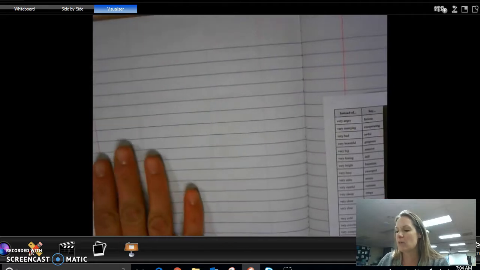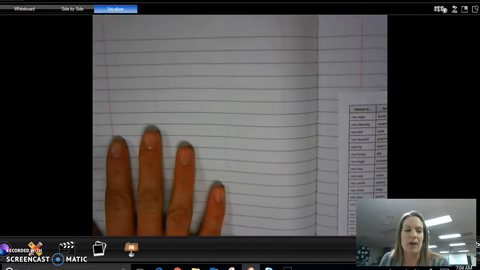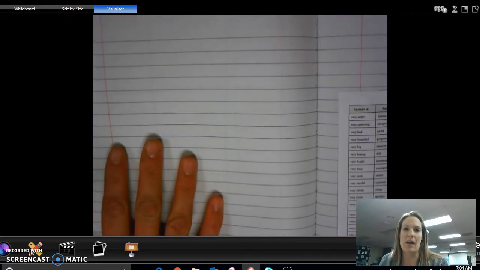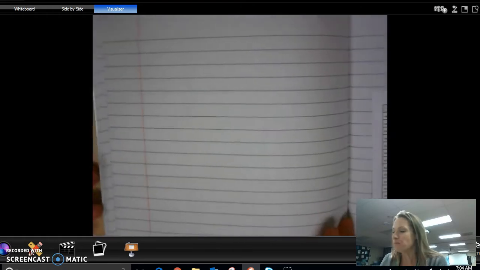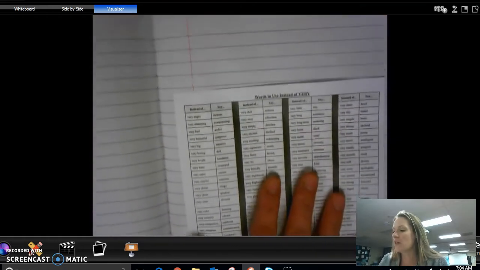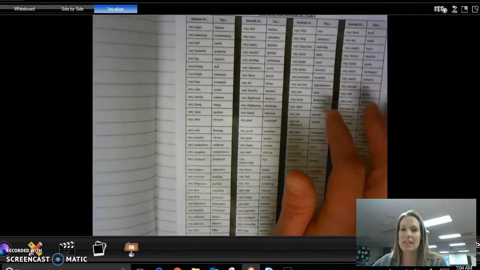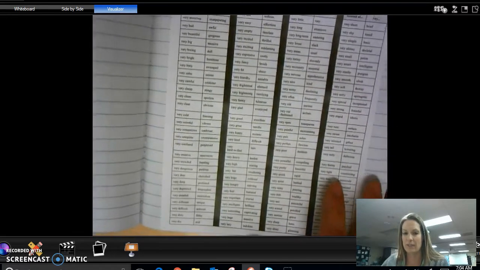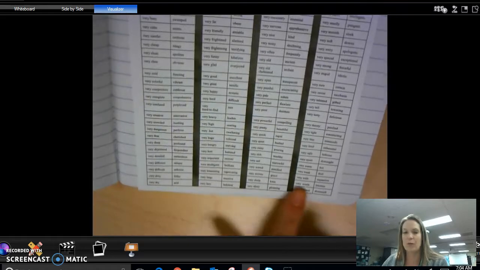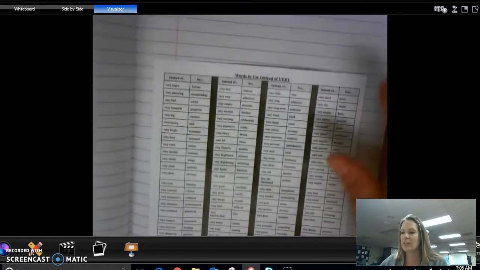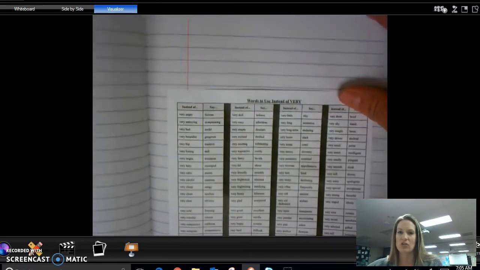One thing we're going to do is write the examples of the 5 weak things that writers will say. It's not the only 5, but it's 5 for now. And then the other thing that we're going to do is glue this chart. If you take this chart that's on the front table and make it go flush with the bottom of the page, it leaves you about 3 inches or so at the top.